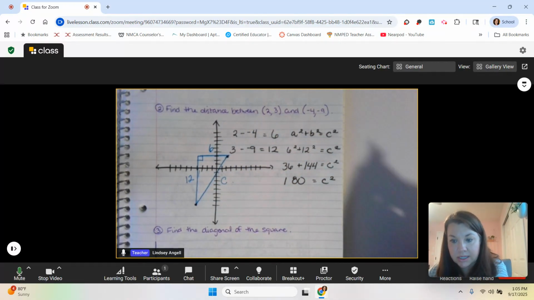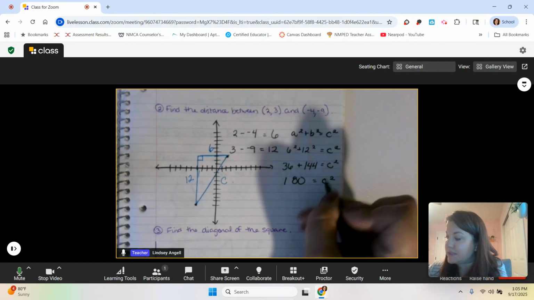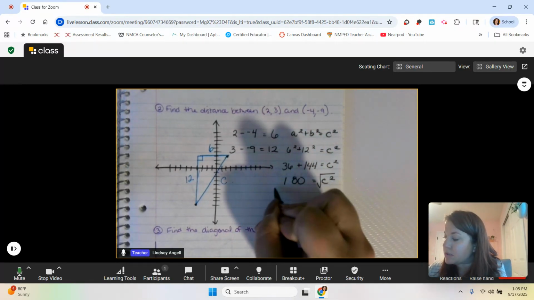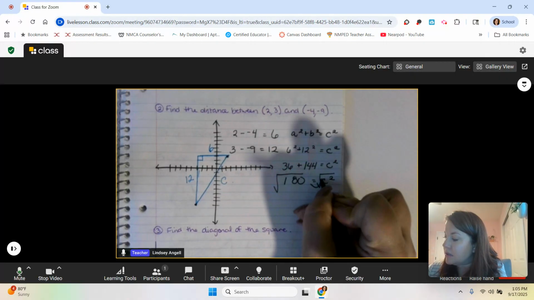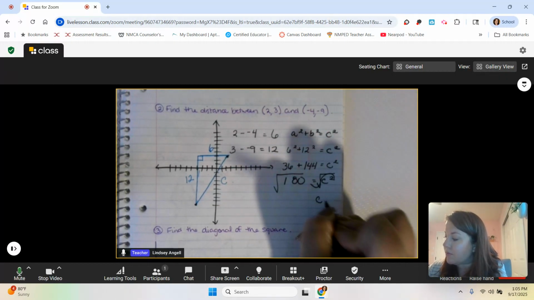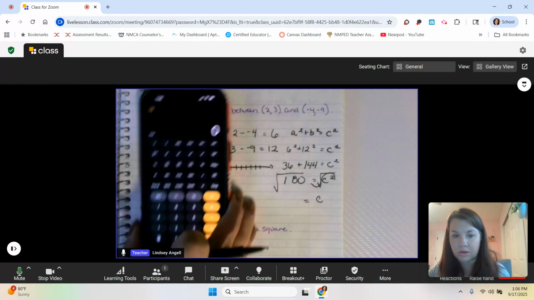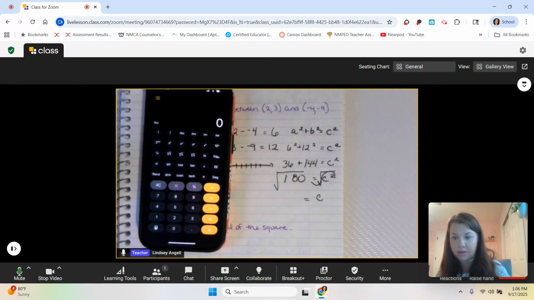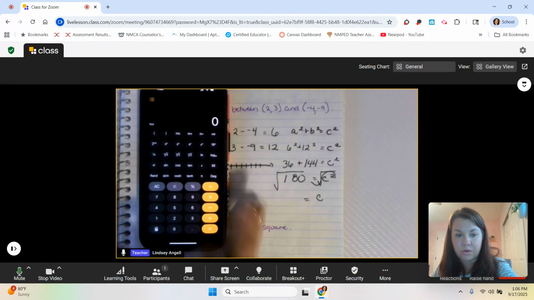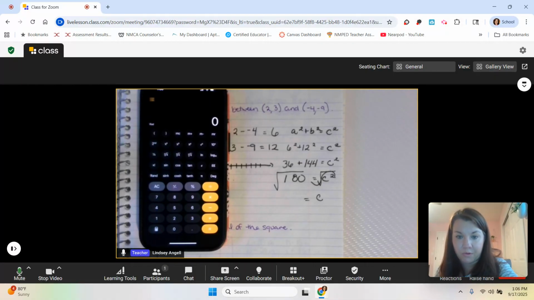Well, I still need to get c by itself. Right now I have c squared, so I have to square root both sides. So those cancel out on the right, and I'm left with c. And then coming back to my calculator, and if you don't have a calculator, you can even Google. Just put in scientific calculator into Google, and it'll pull one up for you right on the screen.